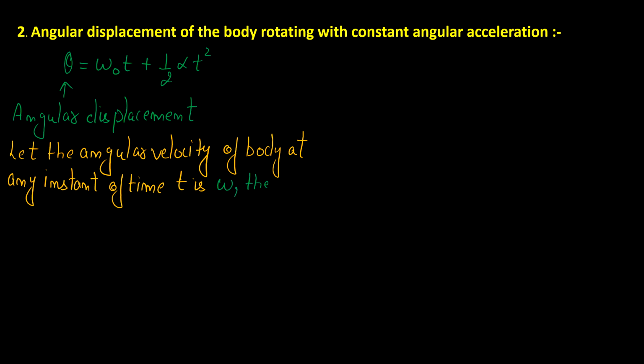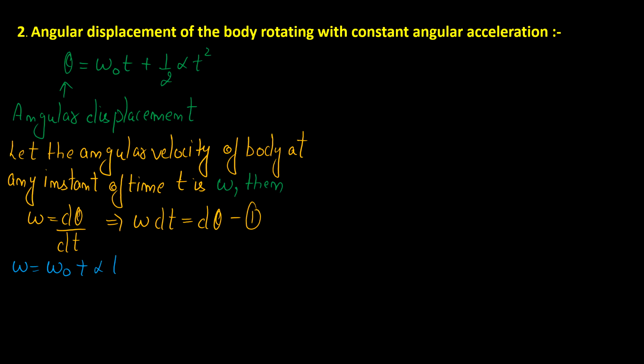Then omega equal to d theta upon dt, because angular velocity equals rate of change of angular displacement. Then cross multiply, we get omega dt equal to d theta, which is our equation first. Then we know omega equal to omega naught plus alpha t, which is equation second.